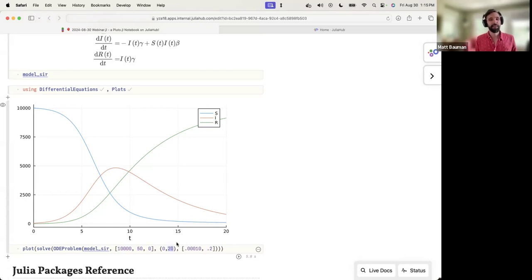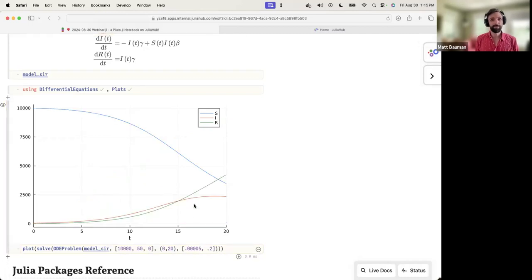We didn't put units on this. This is all just kind of theoretical, but you can see how the three populations evolve over time. And then these are our two parameters, the infectivity and the recovery rates. And you can see what happens if I change these things, right? If I just decrease the infectivity a little bit, it flattens that curve.